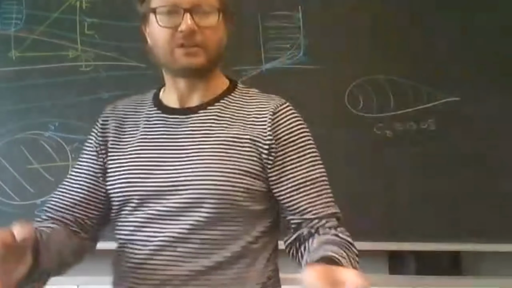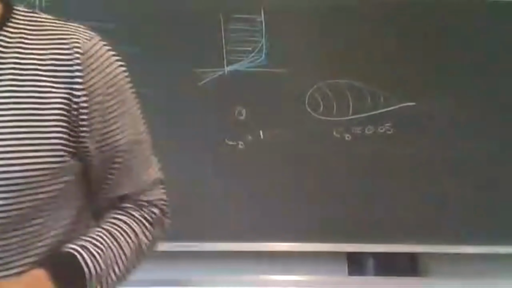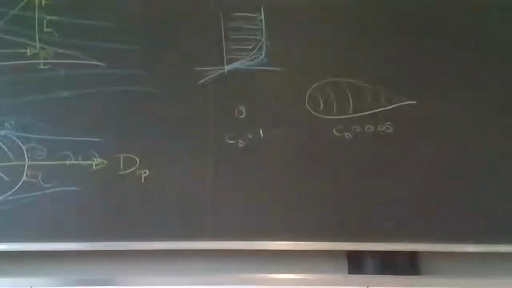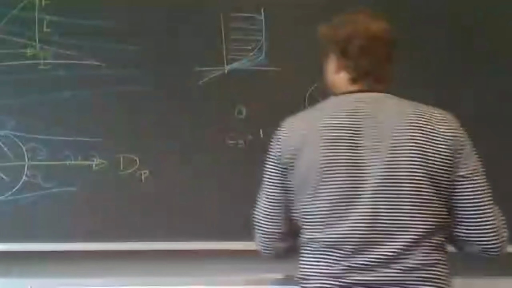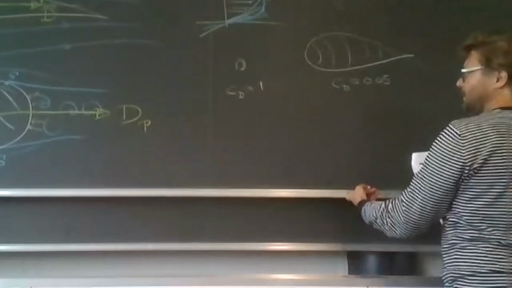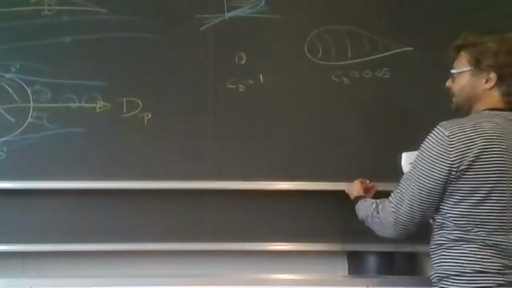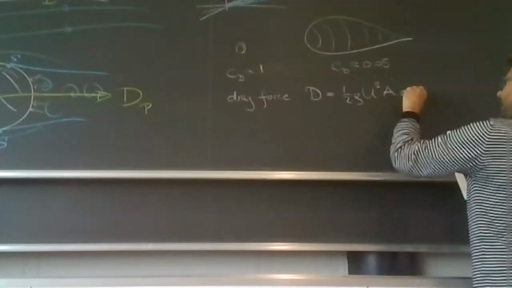This is what we got out of the diagram. And we know that we can compute the drag force D equals 1/2 rho U squared A times this drag coefficient.